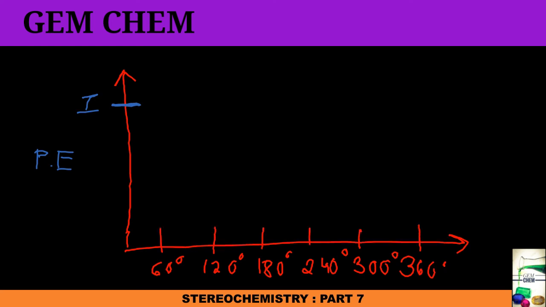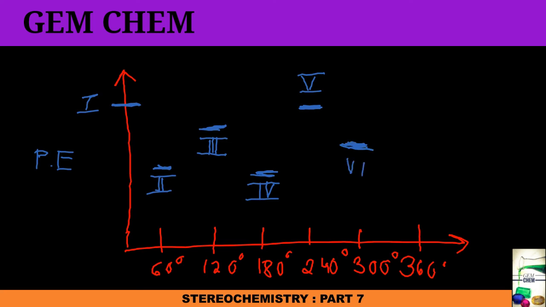Then we have here 2. Next we have here 3. Next again in the same level it is 4. Next the 5 is same as that 1. So here we have 5, and in between 3 and 4 we have another one, that is our 6. Right, and again it returns to the position of 1.